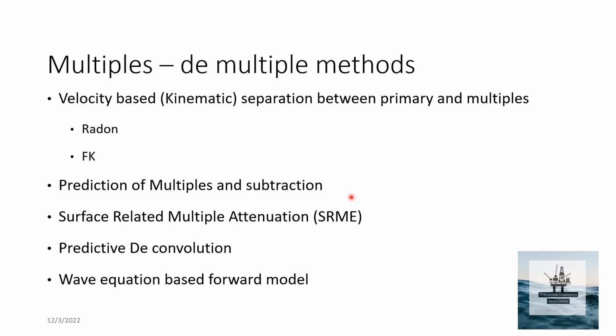There are velocity-based techniques like Radon and FK, and predicted multiple and subtraction. The most common technique in the field is SRME, surface-related multiple elimination. Also, there is predictive deconvolution and wave equation-based forward modeling, which is one of the advanced recent techniques.